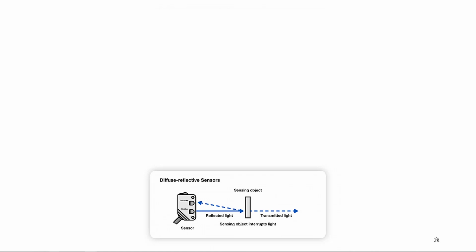If there's something there, it reflects light off of the surface of that object, and it's diffuse at that point, meaning scattered, and then it gets back to the receiver if there's an object there. And of course, the one drawback to this is the surface of the sensed object. If it's black, that's a challenge. Even if it's highly reflective, like polished aluminum, that could be a challenge, because if it's at a bad angle, then the light doesn't get reflected back to the sensor.